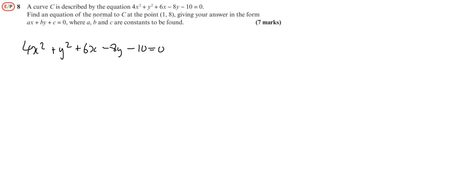Okay, so just to remind you, if I have a curve and there's a single point where a line touches it, that is my tangent. The line that is perpendicular to that is the normal.